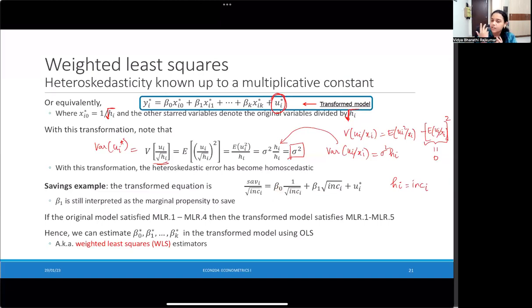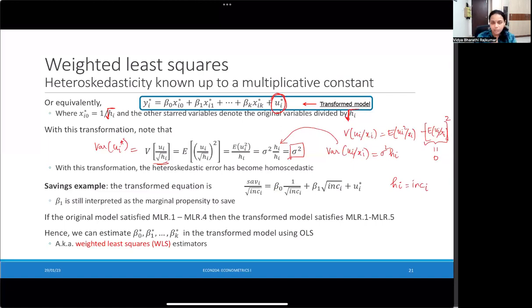The marginal propensity to save. That same interpretation will hold in this case as well. Beta 1 is still interpreted as the marginal propensity to save. And you should always remember that all the coefficients have to be interpreted in light of the original model.